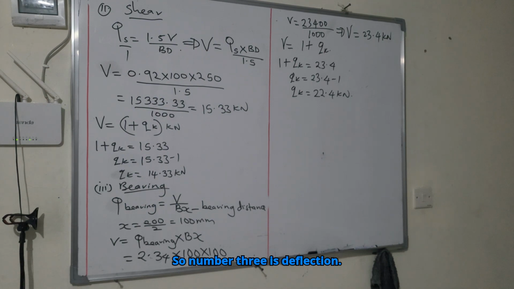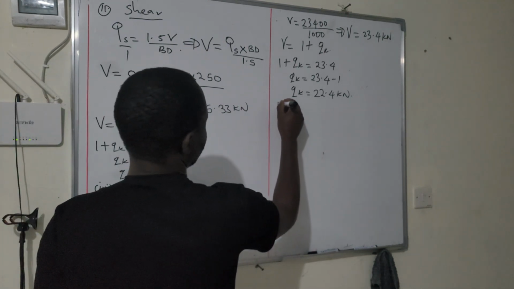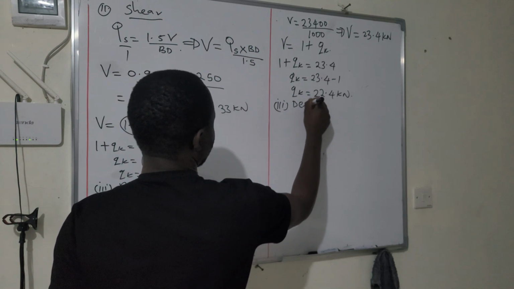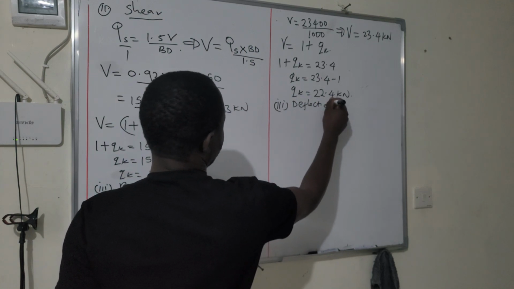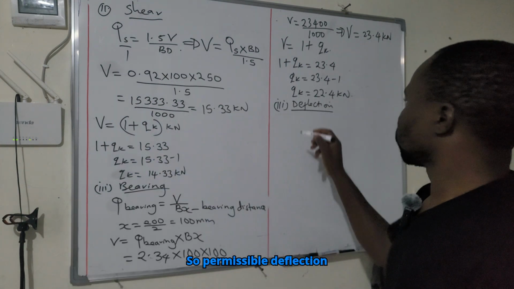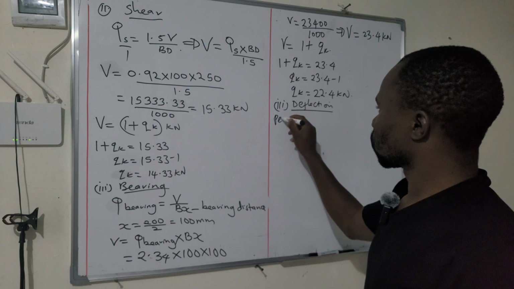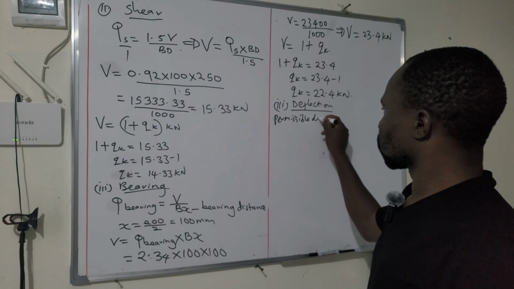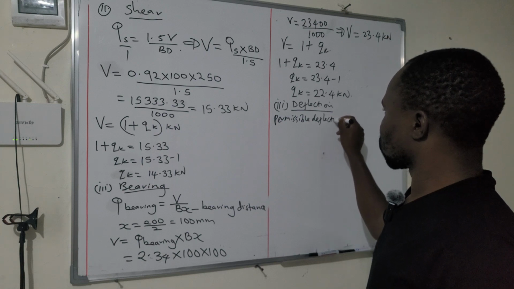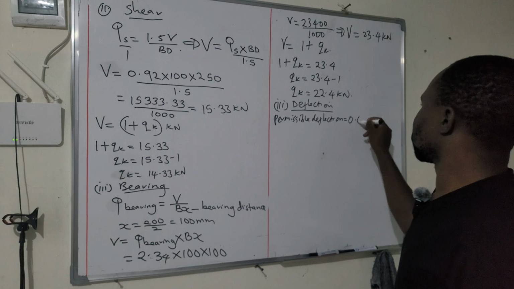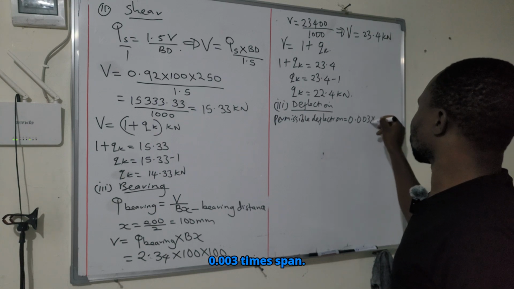So number 3 is deflection. So permissible deflection is equal to 0.003 times span.